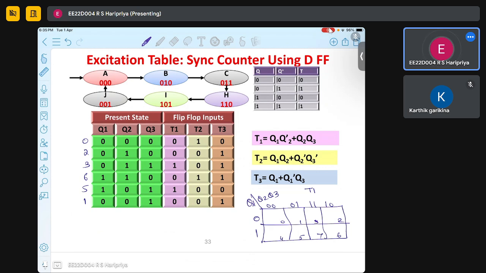So say T1. For 0 it is 0. For 2 it is 0. For 3 it is 1. For 6 it is 0. For 5 it is 1. So T1 is given as Q1, Q3.